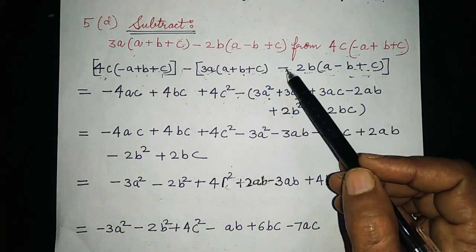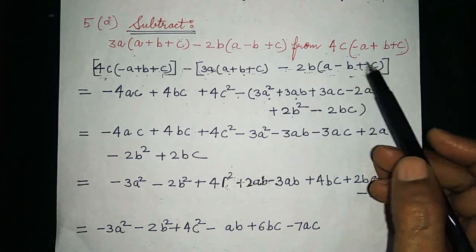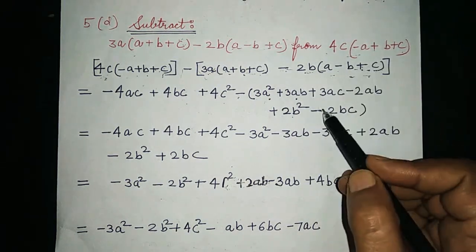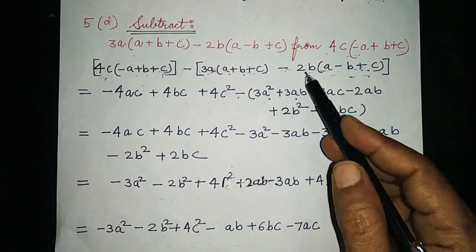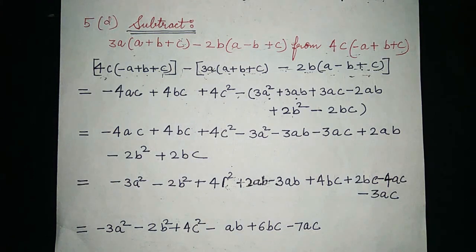Now this minus 2b and this plus c, we will multiply. Then minus plus what? Minus 2b into c, 2bc.